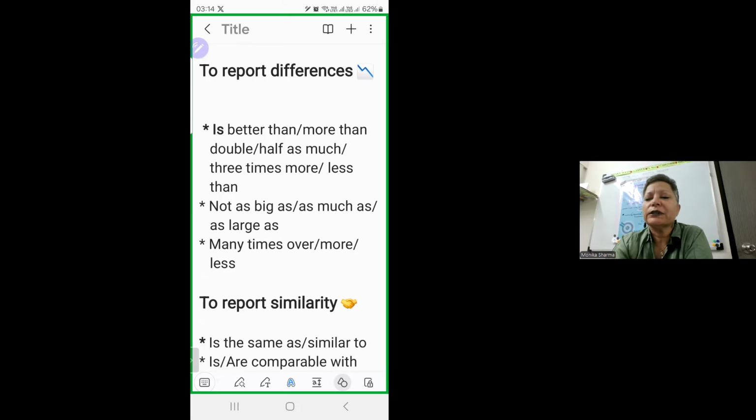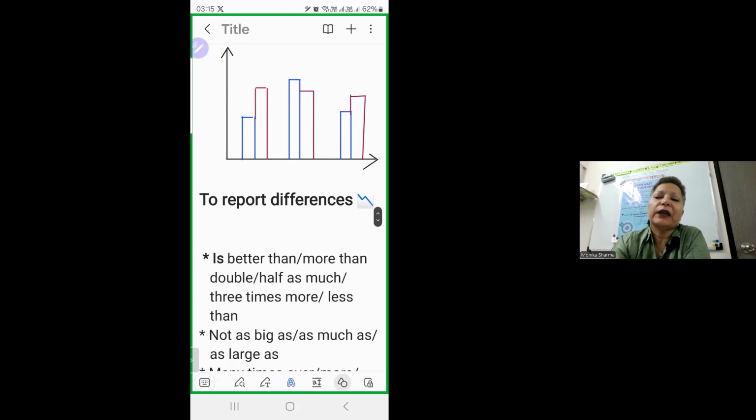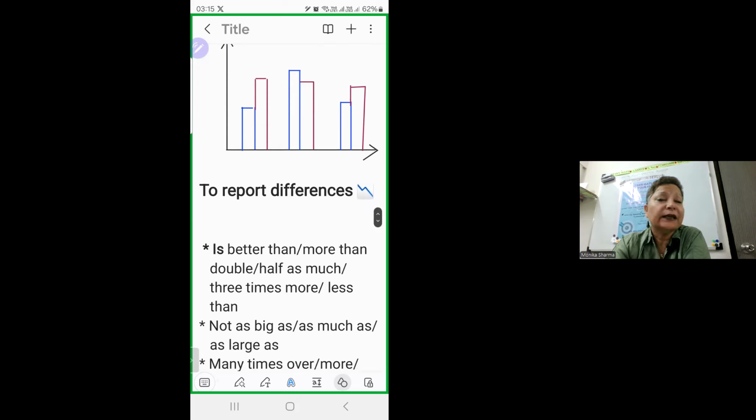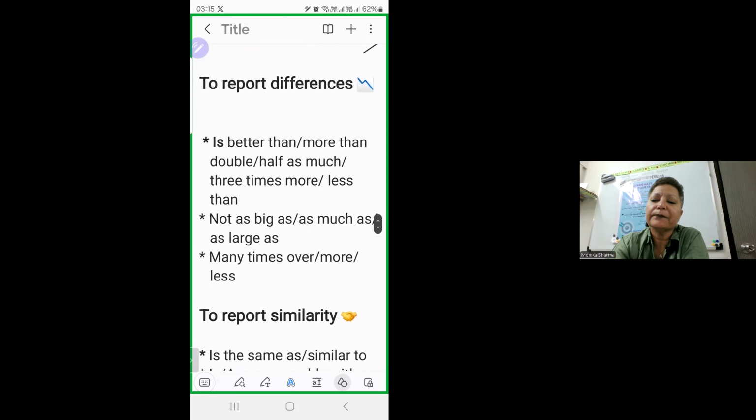So, here I can use terms like is better than, more than double, half as much, three times more, less than, not as big as. So, if I look back here, I could have said that Hyundai is not as big as Maruti in the first thing, but then later on I could have used that it has reached higher than the Maruti. So I have to report differences like this.